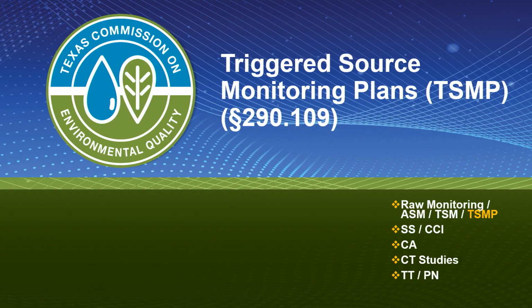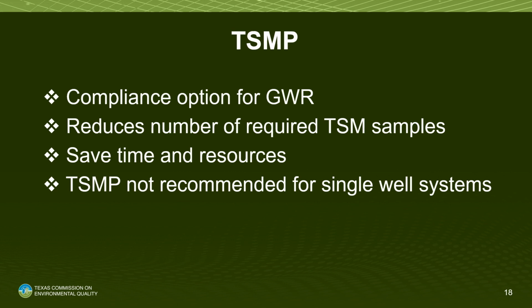So moving along here, trigger source monitoring plans. This is a way to develop a monitoring plan for your system that's kind of common sense sampling. It's really geared towards systems with multiple pressure planes or isolated distribution areas, situations where wells may serve only a certain area.